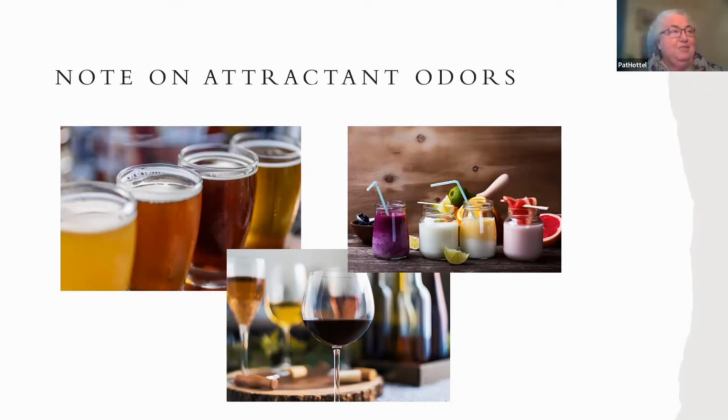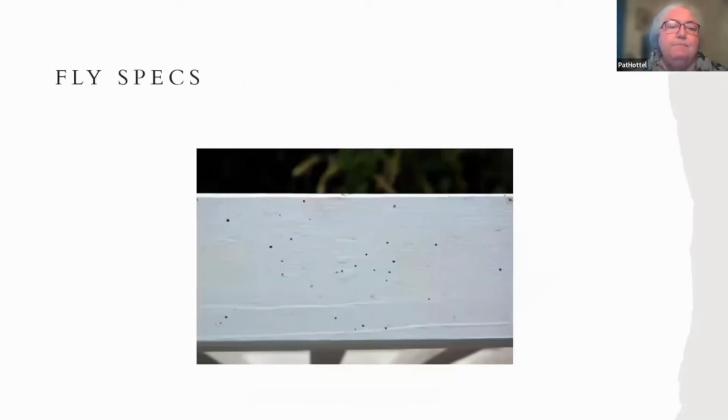I have a son, Ben Hoddle, that provided that video, that did his master's on attractants for dark-eyed fruit fly, and red wine came in as the number one food attractant. But my point here is that some of these food odors can also impact where you're finding the flies, and it may or may not be the source of the flies. So keep that in mind.